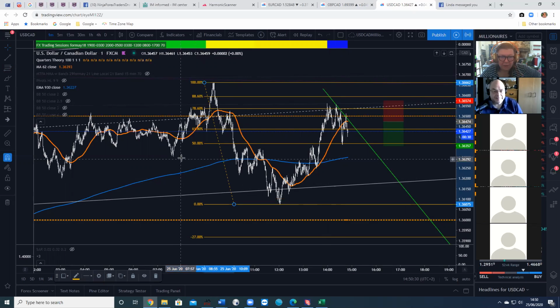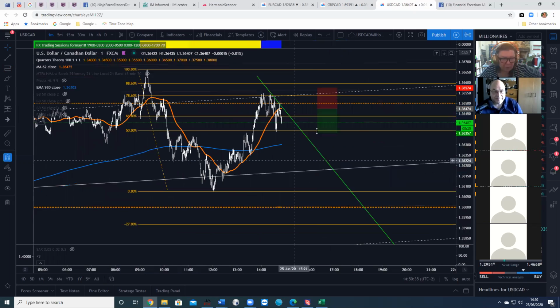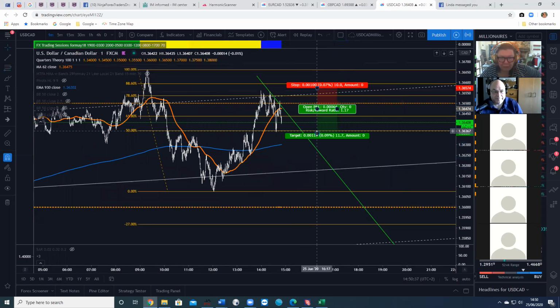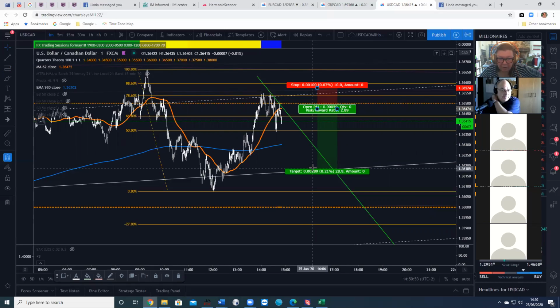Very nice. So with this one, if you are in it, you'd be looking at your level. Down to 20 pips is 1.36274. The pitchfork there is at about 30, call it 30.